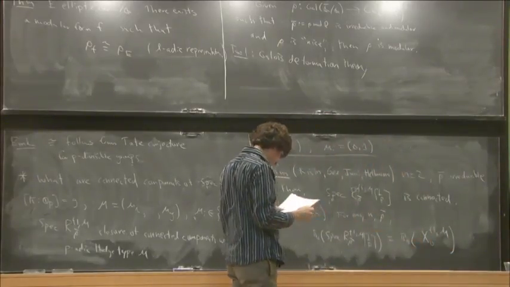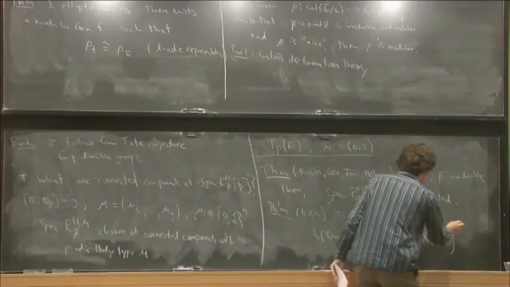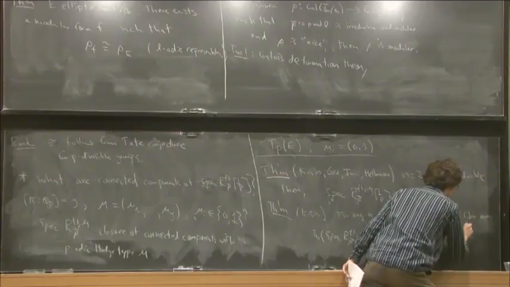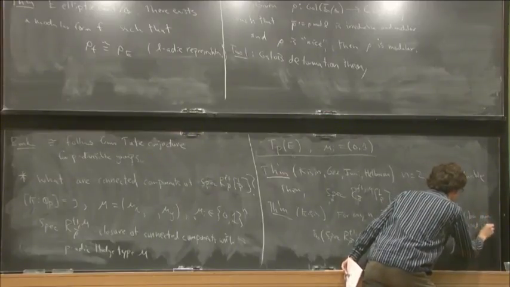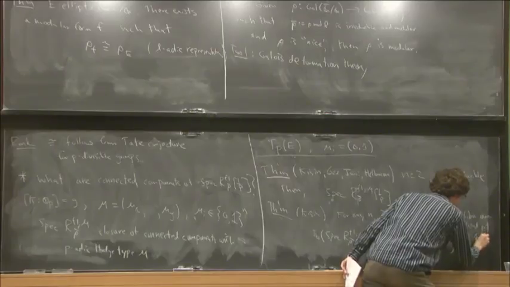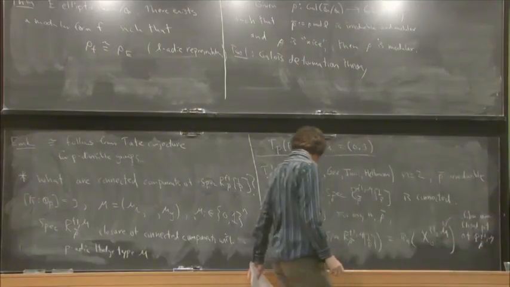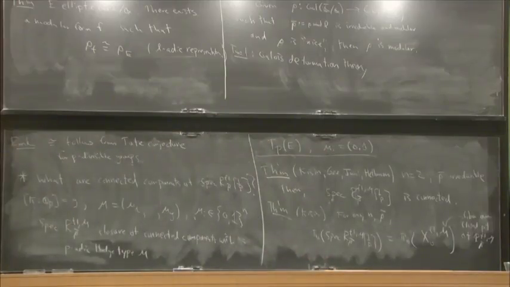So this is the fiber over the closed point of mu. So let's go back. This is a complete local ring, and so the fiber over the residue field is in some sense just some moduli space whose points are finite flat models of rho bar.